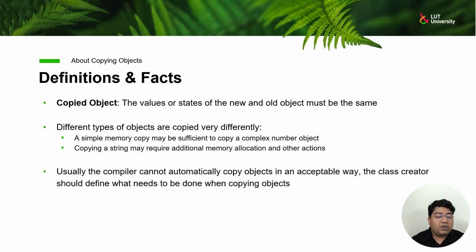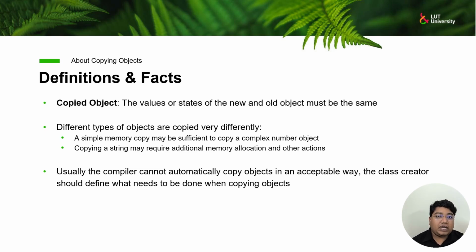So, before we study how C++ performs copying, let's agree on what a successful copy actually means. All right? When we copy an object, the new object should represent the same state as the original. How that happens depends entirely on the class.